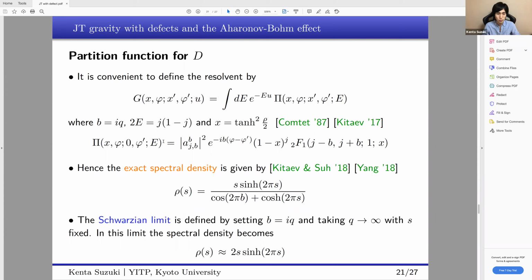So the corresponding solution of this resolvent Pi can be explicitly written in terms of this hypergeometric function.